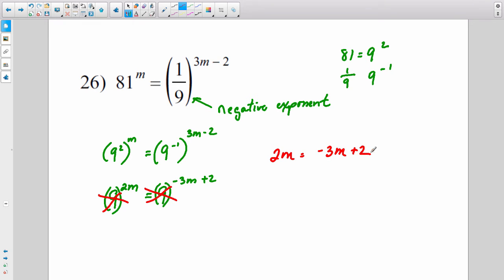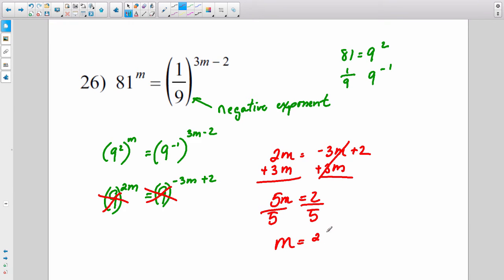And just solve like you normally would. So I'm going to do this. I always like keeping mine positive. You don't have to, but I just like that. So 5m is 2, and m is 2/5. Not bad, right? If you see fractions, common base, just make the exponent negative, you're done.